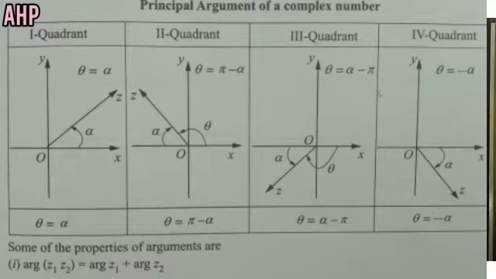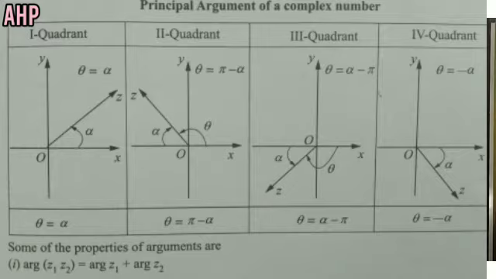In the third quadrant, it comes down from the x-axis, therefore theta is equal to alpha minus pi. In the fourth quadrant, again alpha is in the fourth quadrant, therefore theta is equal to minus alpha.